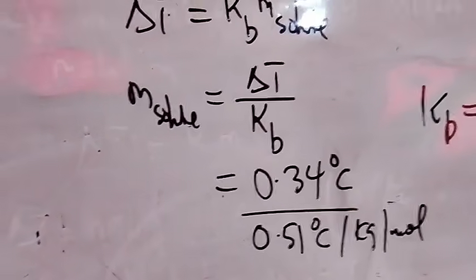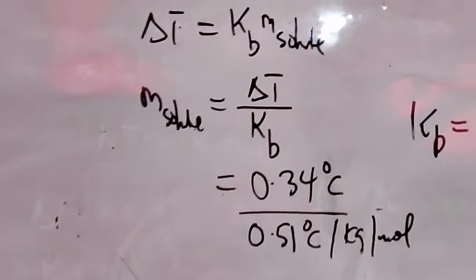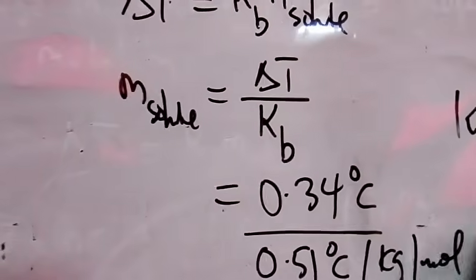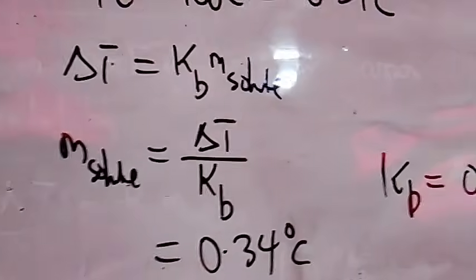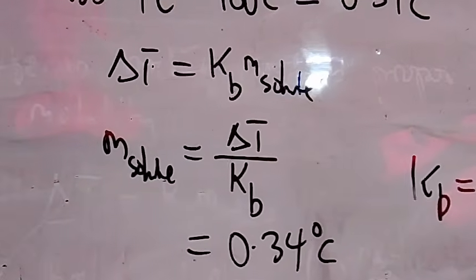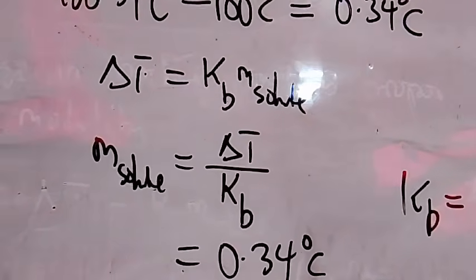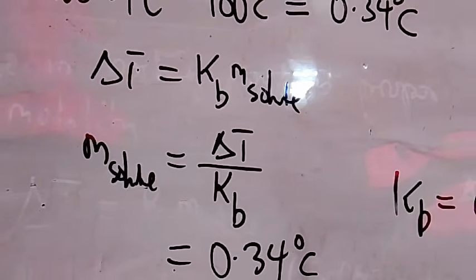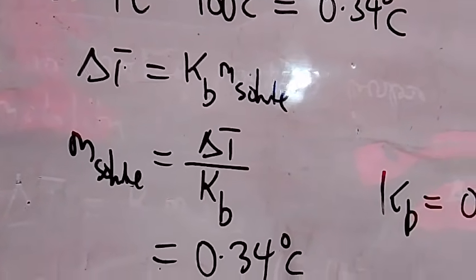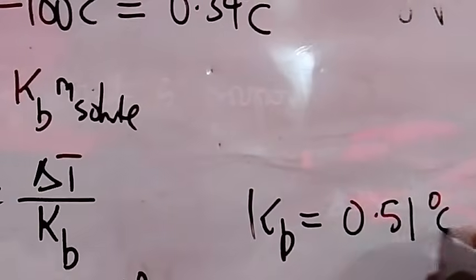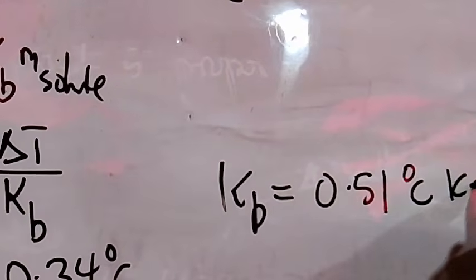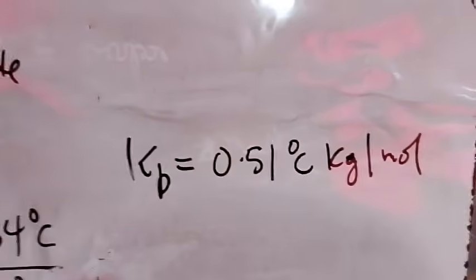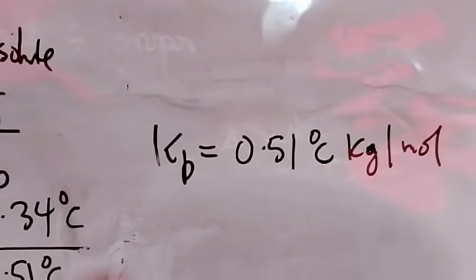I'm making mistakes on the units. Kb is degrees Celsius kg per mole. These are the correct units; I was mixing them up.